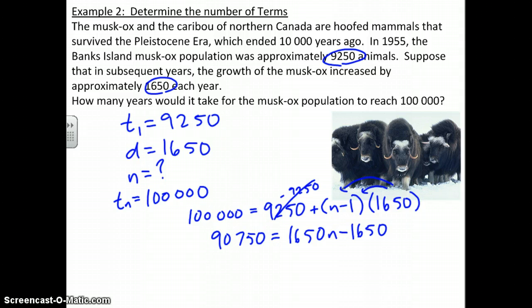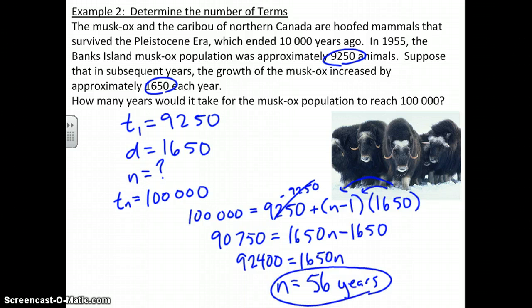Again, I subtract the 1,650. I get 92,400 equals 1,650N. And I just divide both sides by 1,650, and I get N equals 56 years, right? Because it's in years here, because it's going up by 1,650 each year. Okay, so it would take about 56 years for the population to reach 100,000.